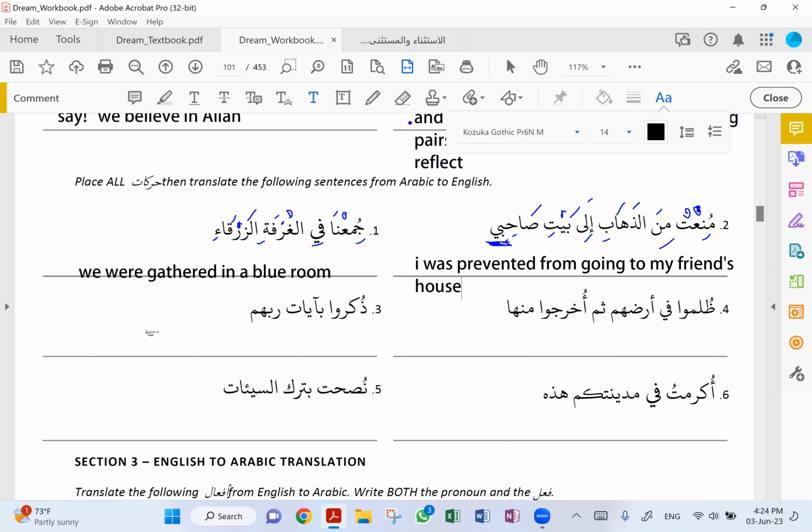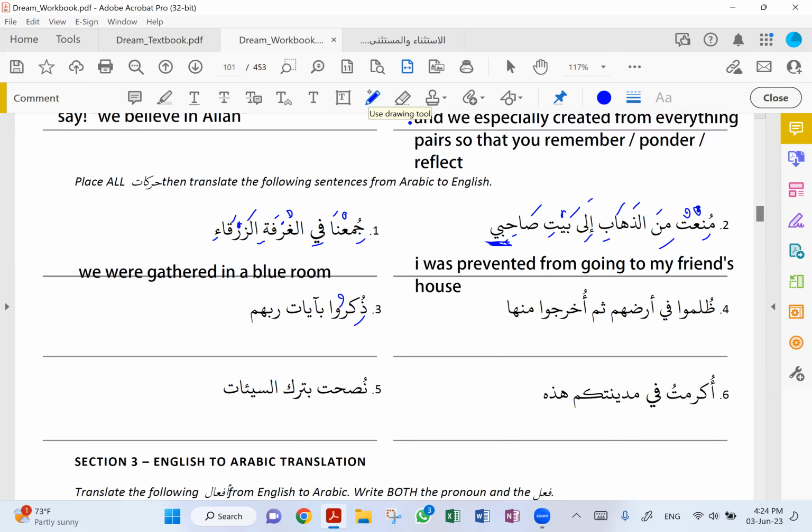Number 3. ذكروا بآيات ربهم. ذكروا. Is that passive or active? Passive.